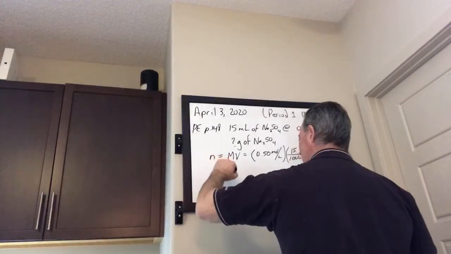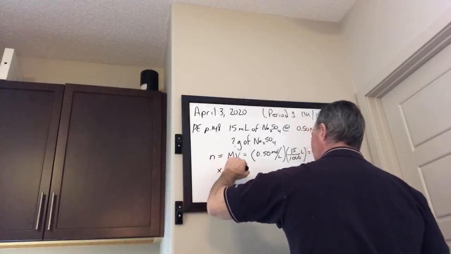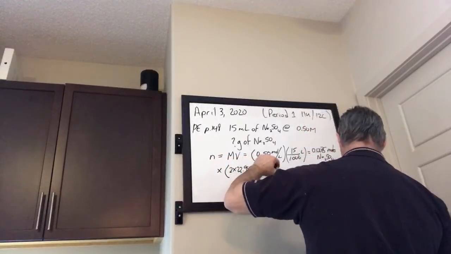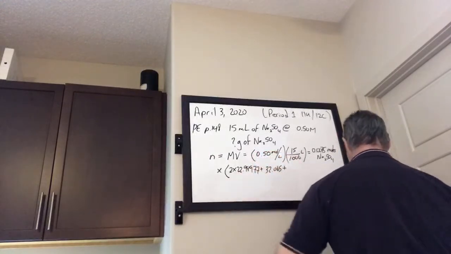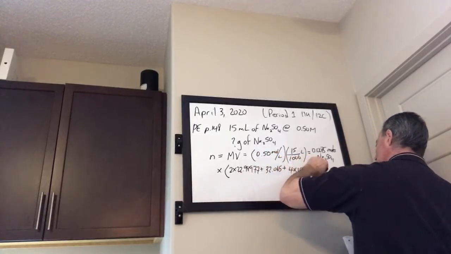Multiply that by the molar mass of sodium sulfate, which is given by 2 times the molar mass of sodium, 22.98977, plus sulfur, which is 32.065 grams per mole, plus 4 times oxygen, which is 15.994 grams per mole.